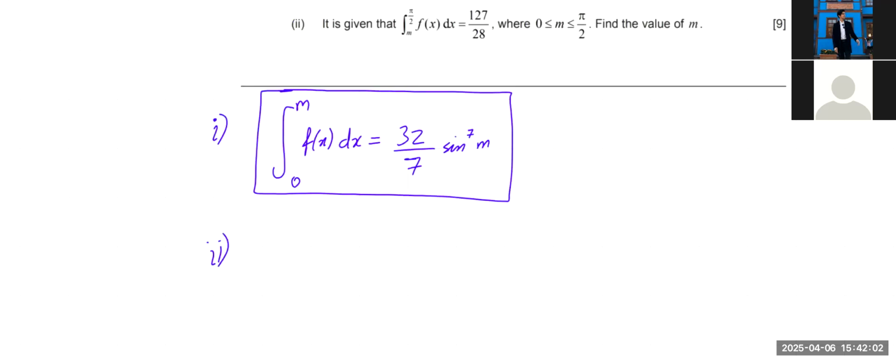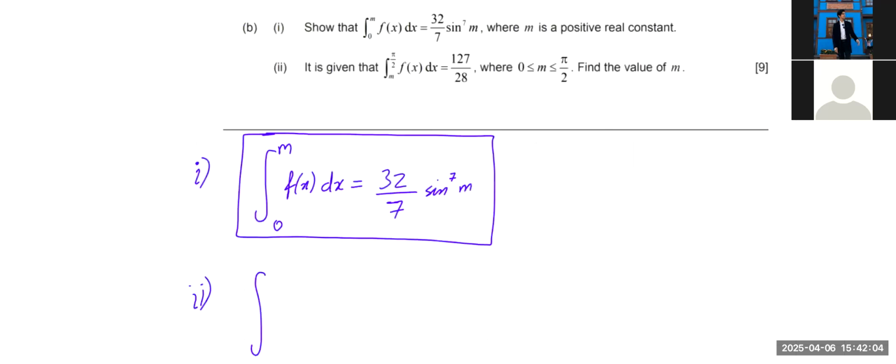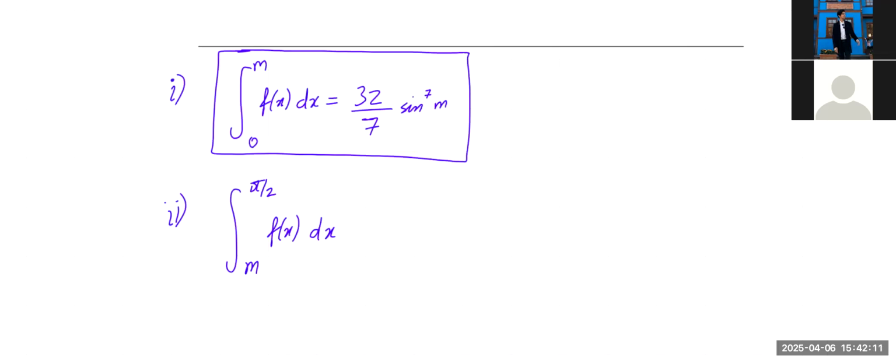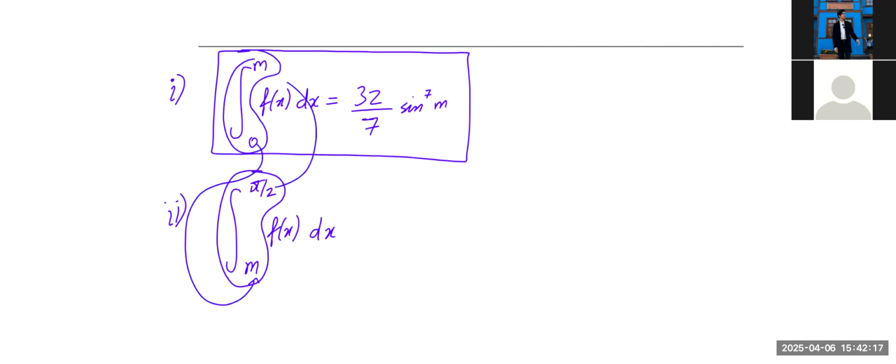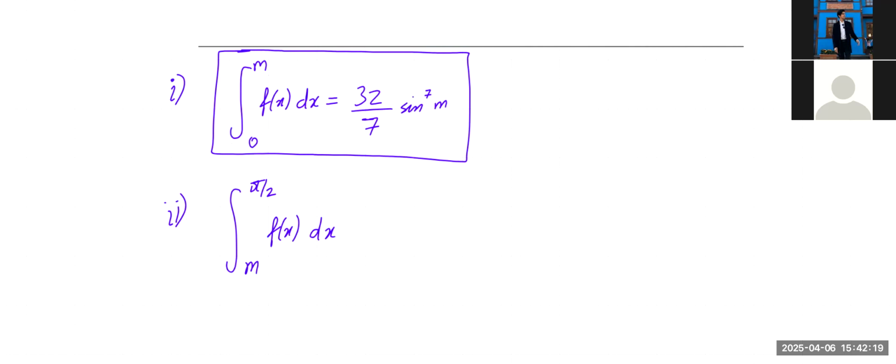The second question wants you to find out what this is, but the problem is this integration does not look like this integration, because the bottom was supposed to be 0 and the top was supposed to be a number. If it was 0 to pi over 2, all I would do is plug in pi over 2 over here and call it a day. But it's not 0 to pi over 2, it's m to pi over 2.